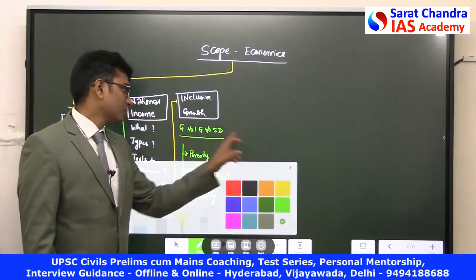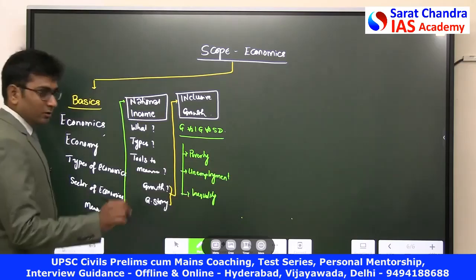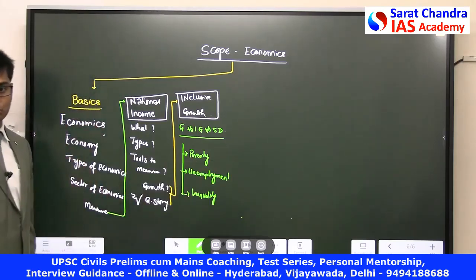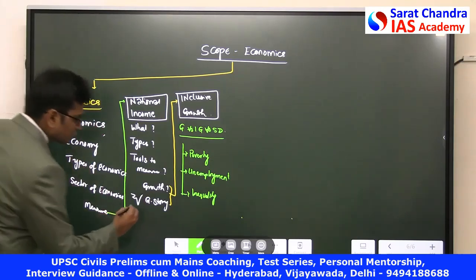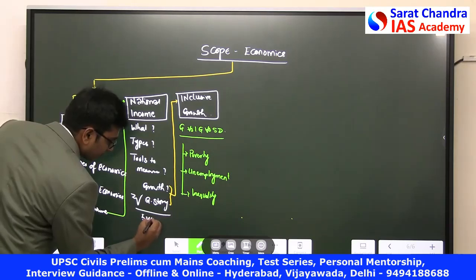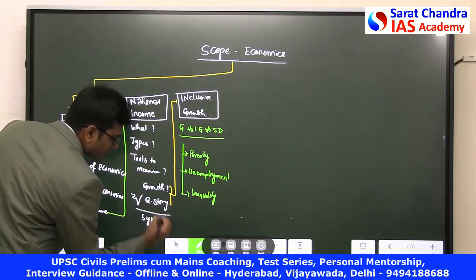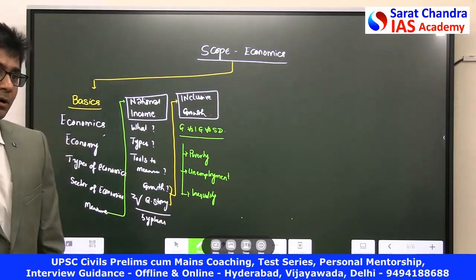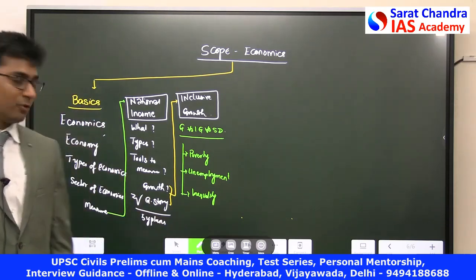After this, when you are studying India's growth story, that is what I said, India's growth story. So we will also study the growth from the 5-year plans perspective. This makes us study about 5-year plans, planning, how India has performed.